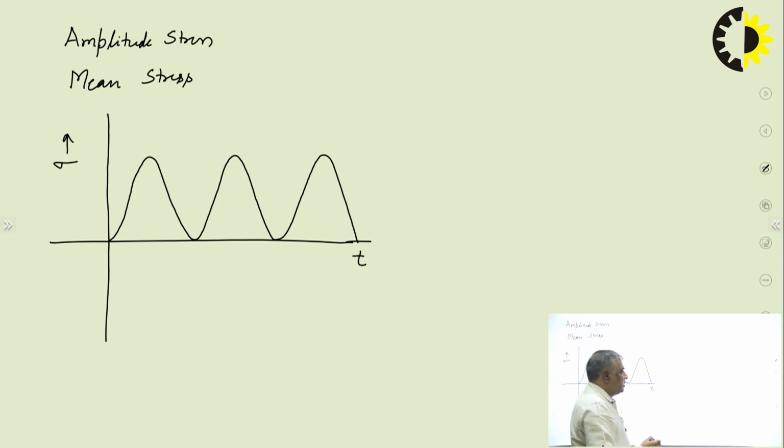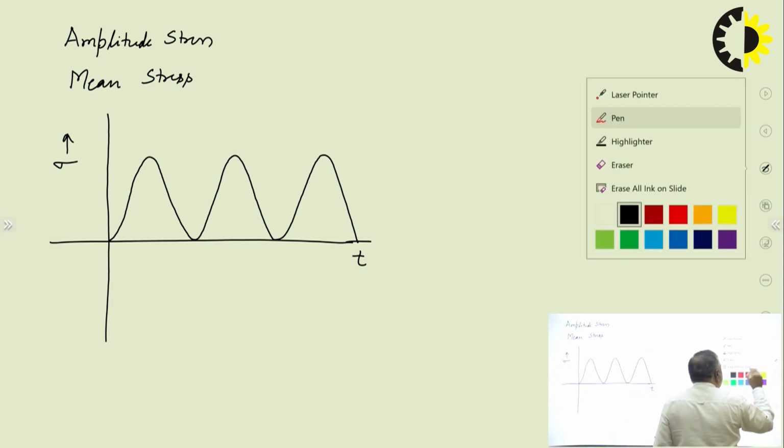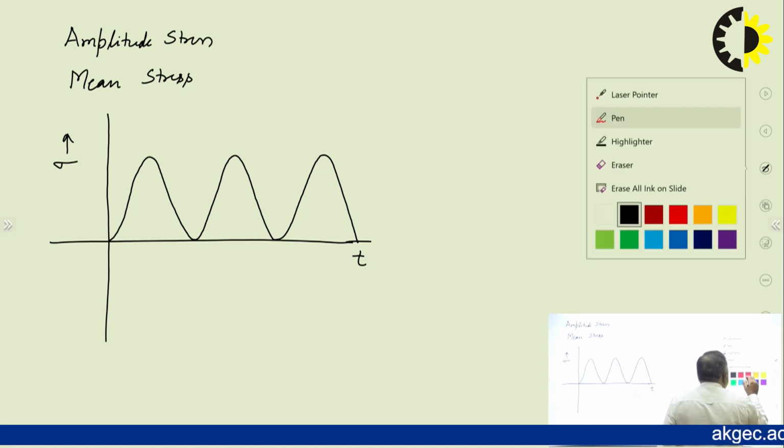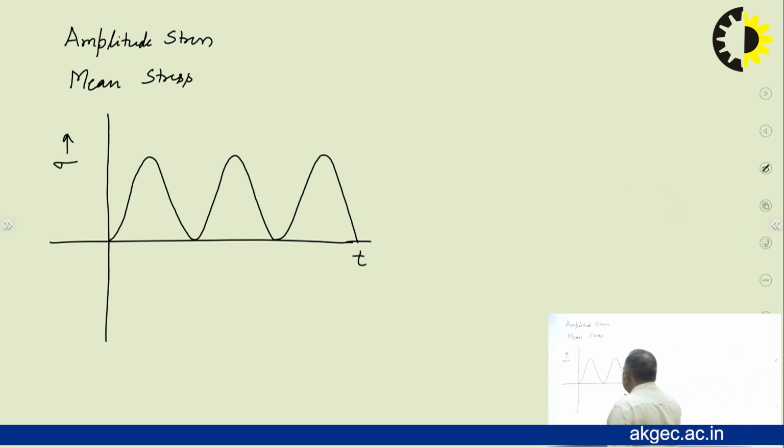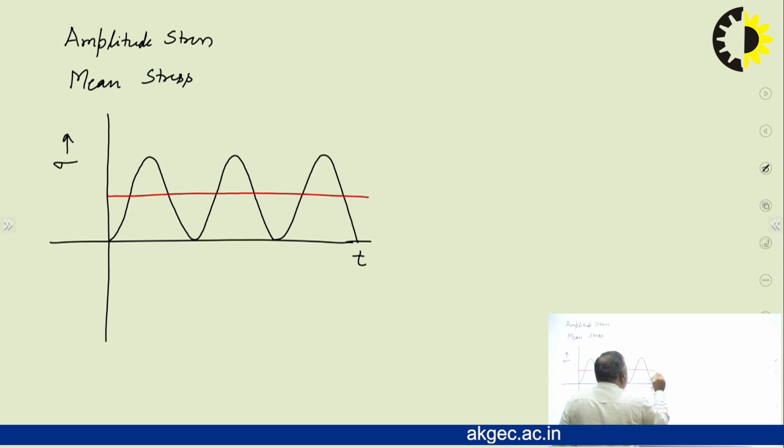Then the mean stress will be somewhere in the middle. This is sigma m. This is sigma max. This is sigma minimum.